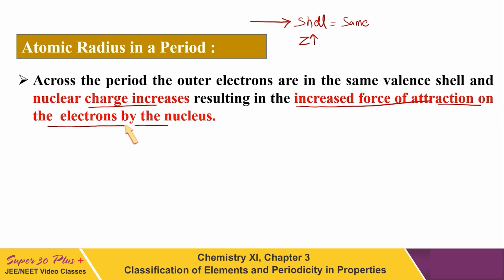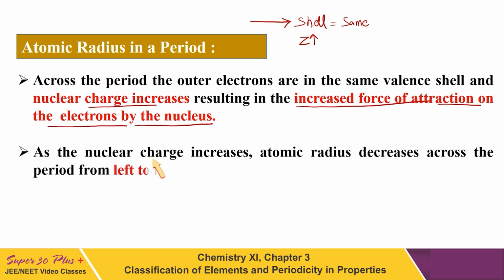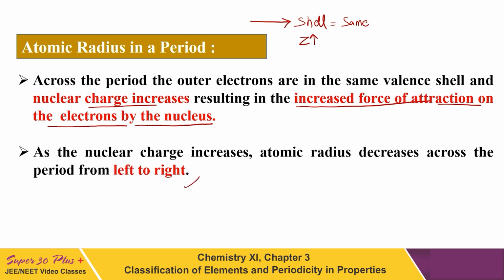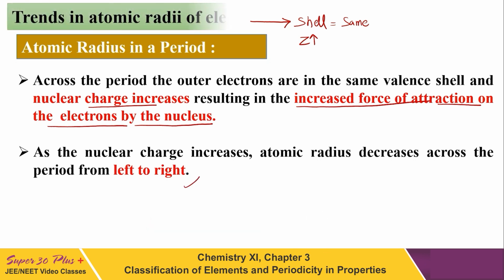And it is very clear, whenever there is an increased force of attraction over the electrons by the nucleus, there will be a decrease in size. So as the nuclear charge increases, atomic radius decreases across the period from left to right. So when we go left to right in any period, atomic radius decreases.